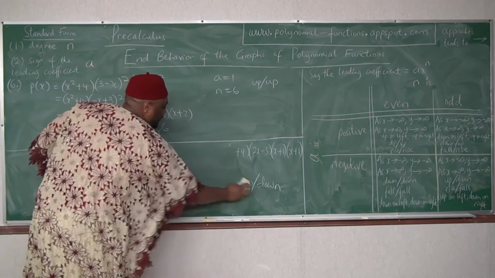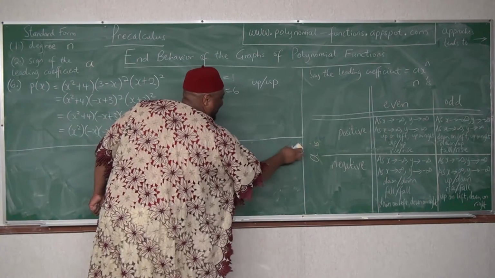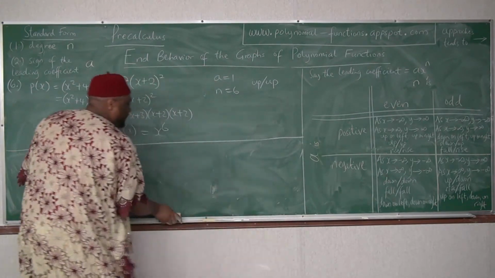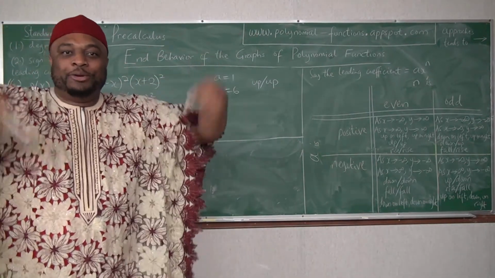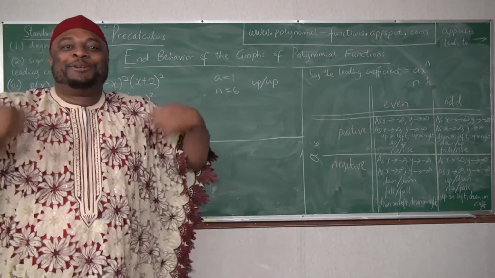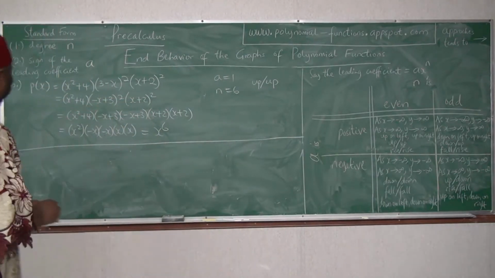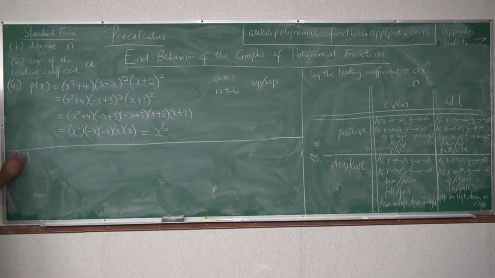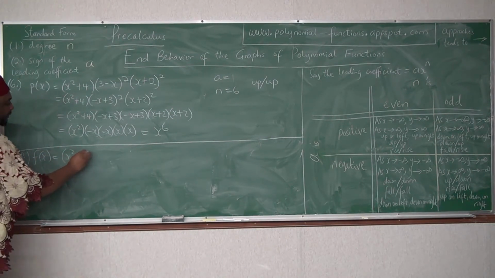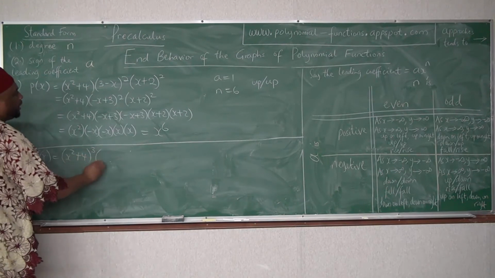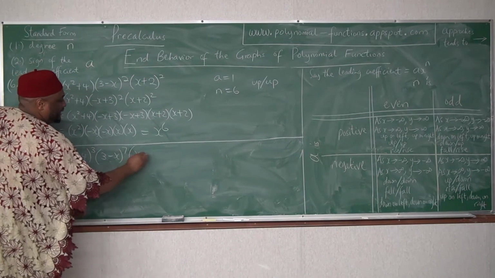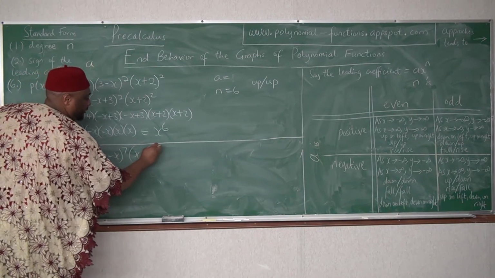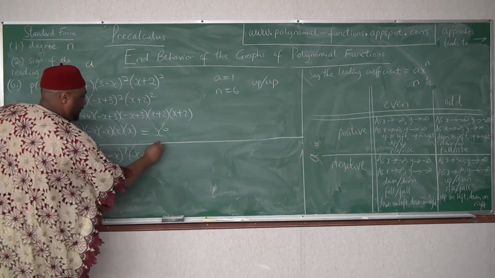Now don't worry. Last now but not the least. I'm thinking of questions that you might ask me and I want to cover it right away. How about that? Okay, what if we have this last one, f of x to be x squared plus 4 all cubed, 3 minus x all 7, and then x plus 5 all 5.